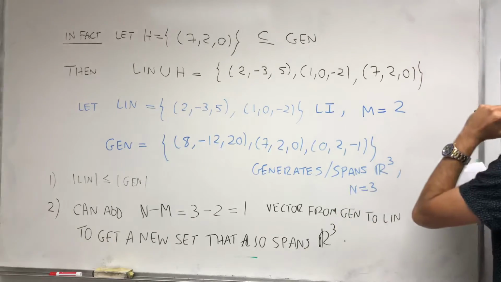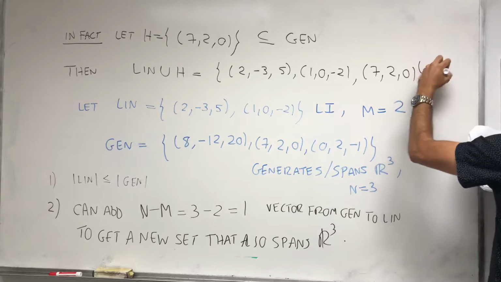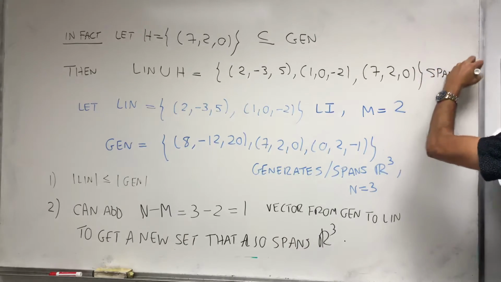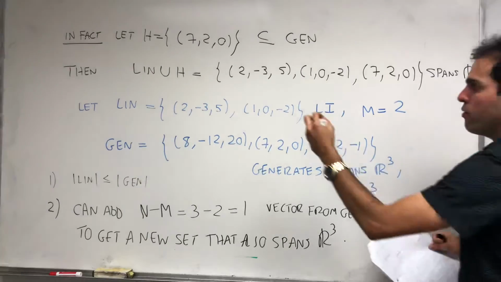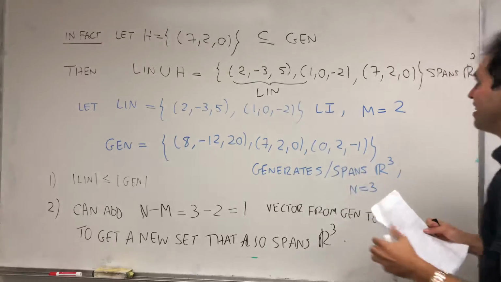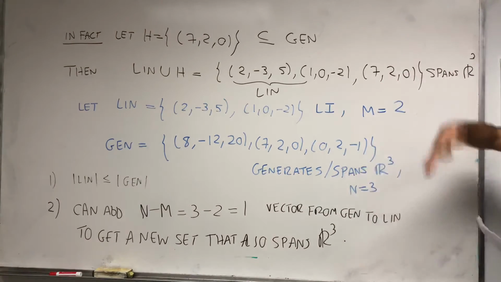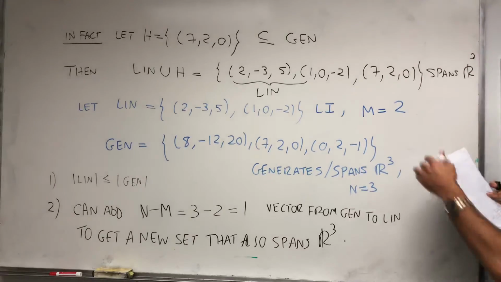Let me just check. Yeah, that works. So again, what did we start with? We started with this linearly independent set lin and just added a subset of the generating set to get a new generating set.